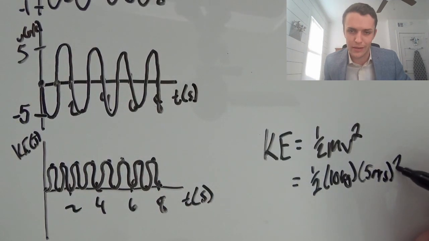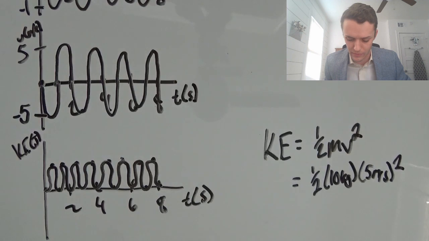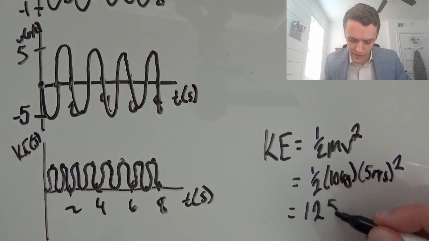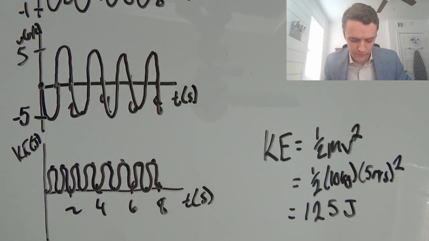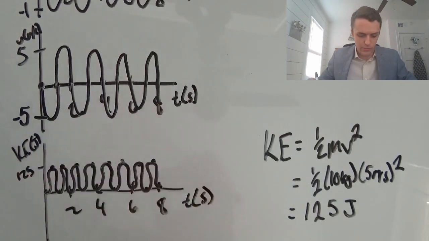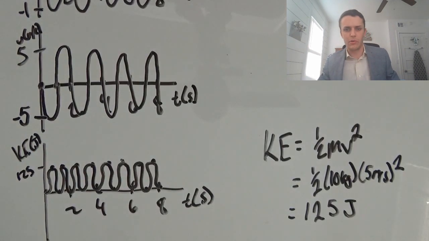Again, you could plug in -5 here, right? The negatives would cancel out, so it wouldn't matter. So you get 125 joules for maximum kinetic energy, so that goes over here, 125. Boom. And that's all for that problem. Right? I hope that checks out.